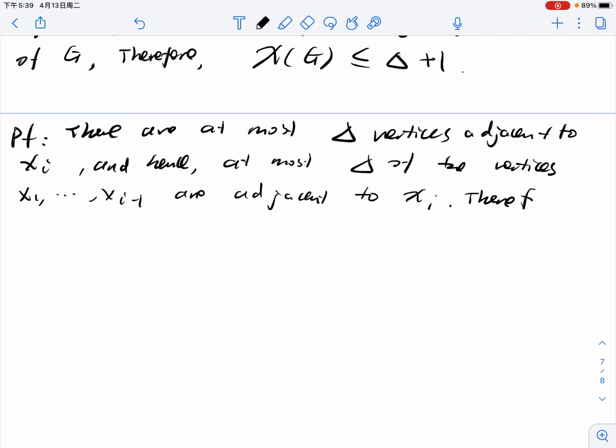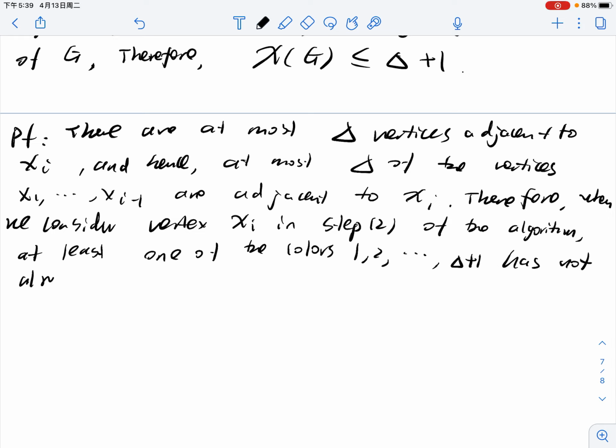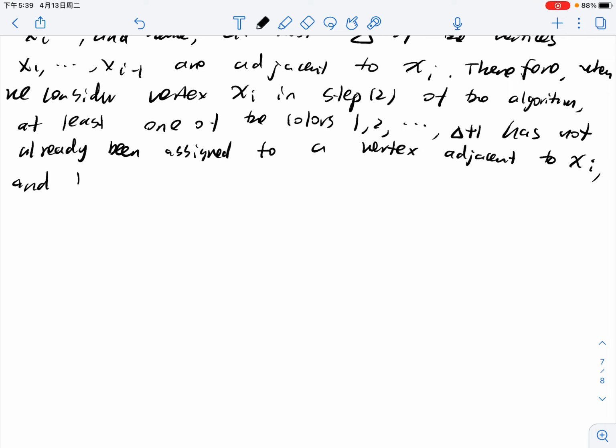Okay, then therefore, when we consider vertex xi in step 2 of the greedy algorithm, at least one of the colors 1 to delta plus 1 has not already been assigned to a vertex adjacent to xi, and hence the algorithm assigns the smallest of these to xi.